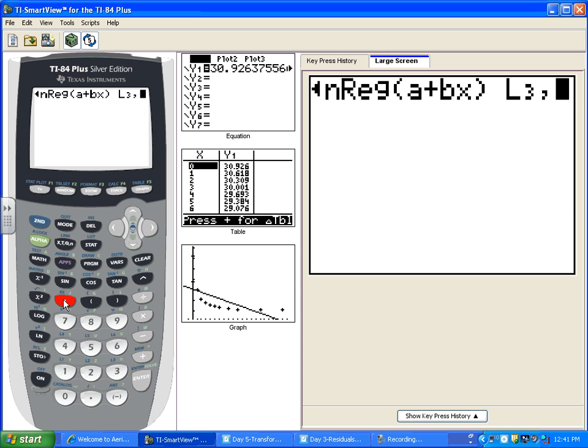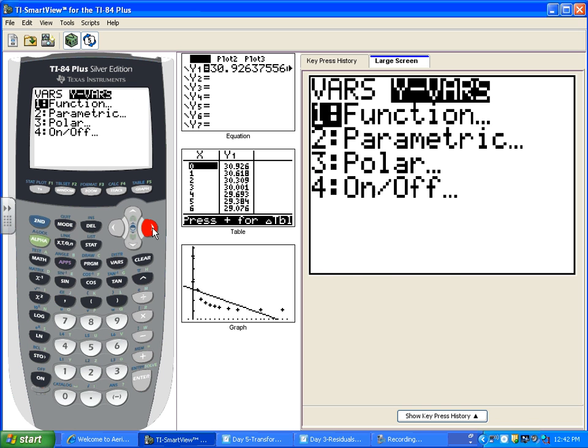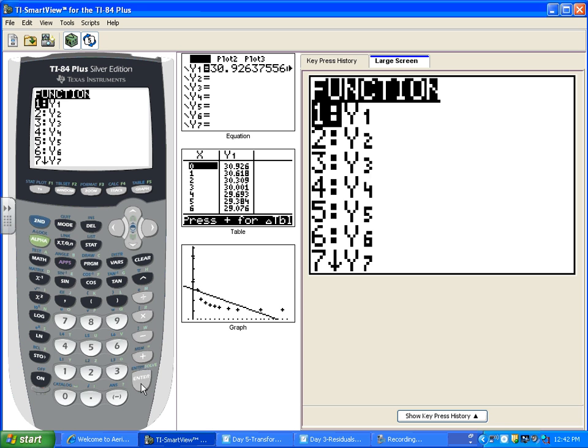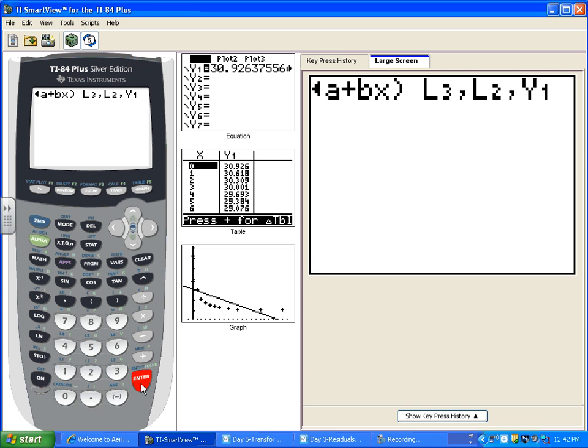And then I'm keeping my y values the same, so that is in list 2. Does that make sense? I've transformed my x values. I log every single x value I had. And then I'm going to go ahead and get that new line. And then I'll pull up the scatter plot in just a sec.